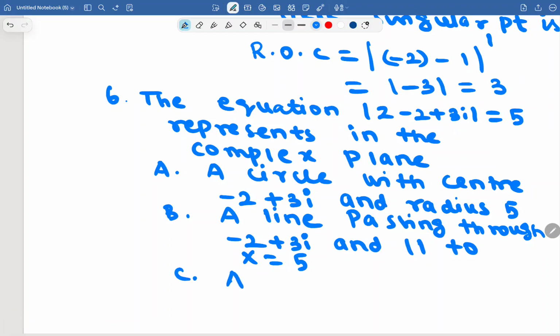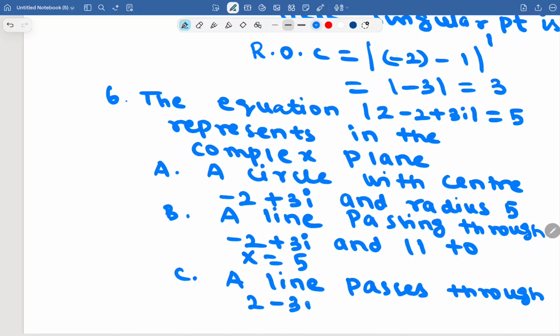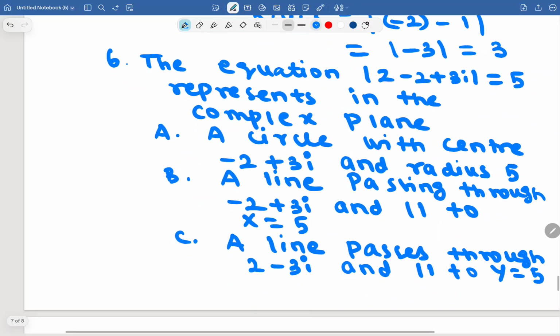Option C, a line that passes through 2 minus 3i and parallel to y equal to 5.